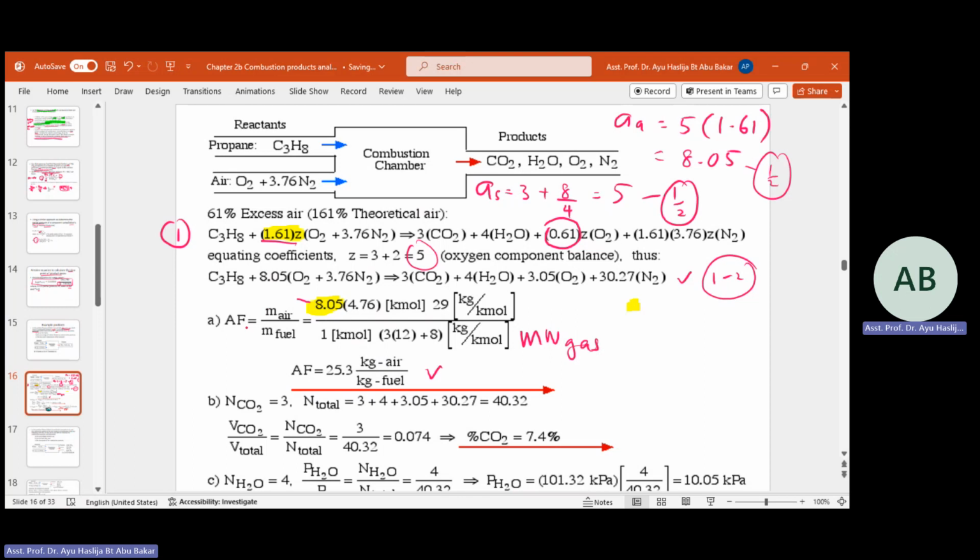Then the AF over here, final answer usually 1 mark. This part usually will get 1 mark as well. So for question A, roughly you can get 4 to 5 marks. That's how you get the marks. Okay.